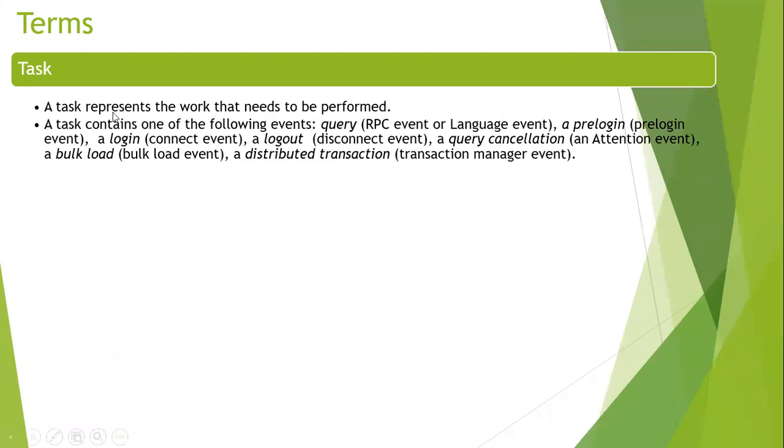So whatever work you are going to execute, we consider that as a task. A task contains one of the following events. You can consider any event, either a login or a query or any distributed transaction or anything as a task, right?